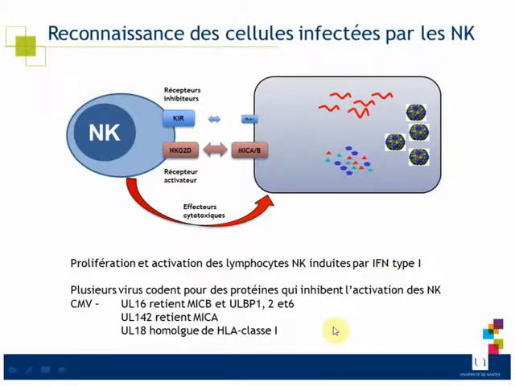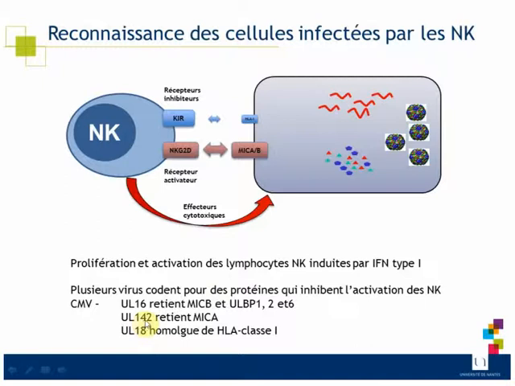Now, of course, viruses want to try and avoid being killed by NK cells, in particular herpes viruses. These viruses seem to be very sensitive to the NK cell response. So cytomegalovirus, human CMV and mouse CMV, have a number of proteins that inhibit the NK cell response. UL16, a CMV protein, is going to prevent these activating ligands from being expressed by the infected cell.